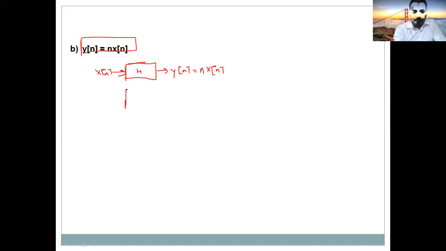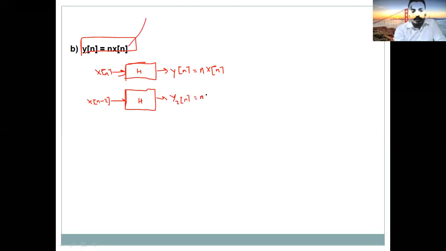Second case, shift your input by 2. The same system. What will be the output? Let me call this y2 of n. Whatever input you apply is multiplied by n.